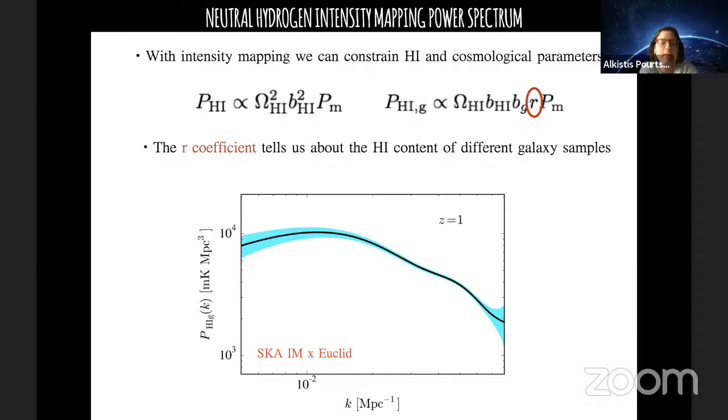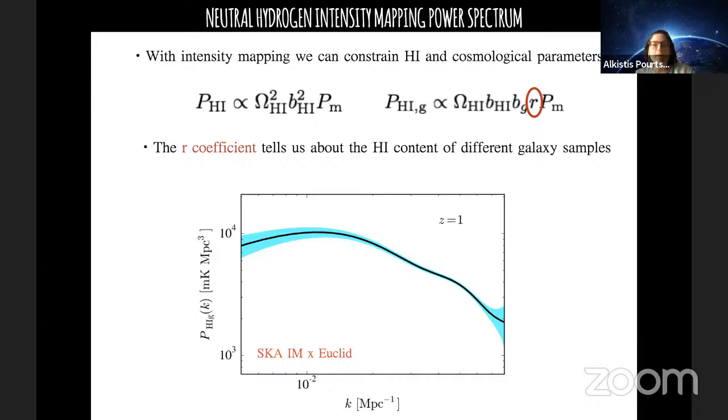So that's really great. So here is a very simple plot of what the cross-correlation power spectrum of an SKA intensity mapping survey times Euclid, across something like 10,000 degrees on the sky at redshift equals 1, will look like.